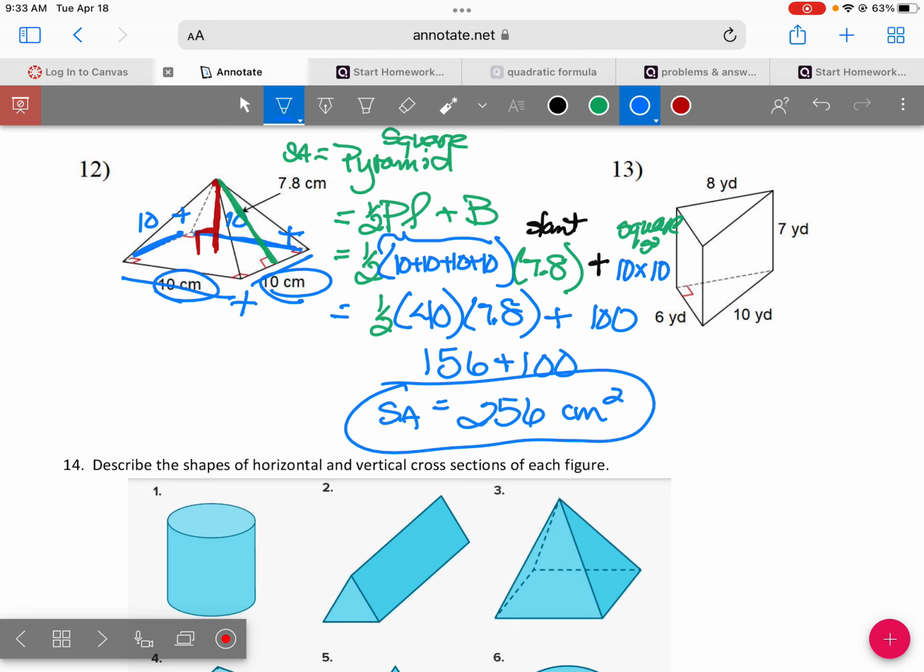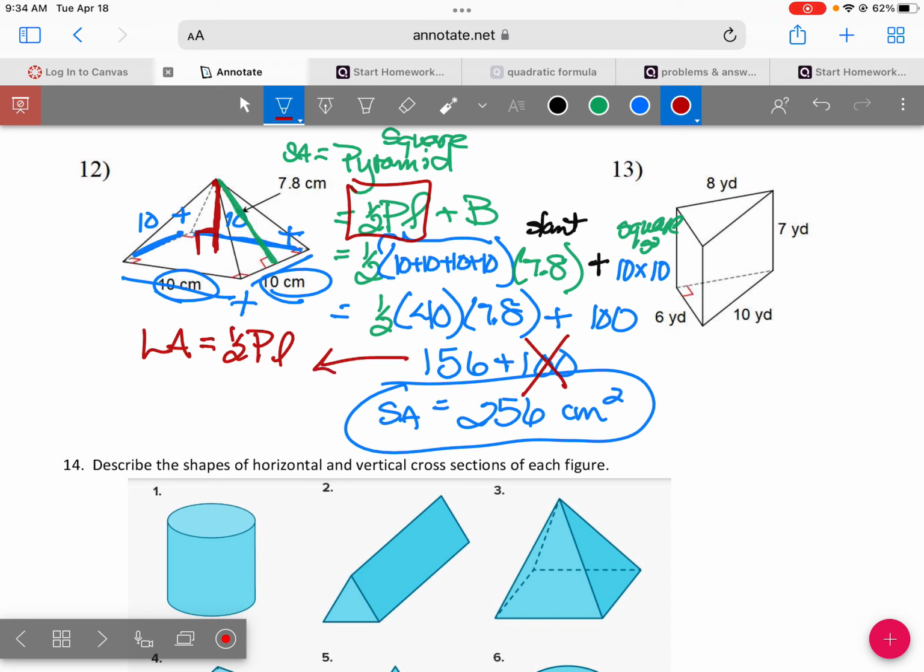Now, we have not talked about lateral area for a while. What's that? I'm glad you asked. Lateral area is just the sides. So if I wanted only the sides and not the base, my lateral area would be just 1/2 times the perimeter times the slant height. We would not need to find the base for this.